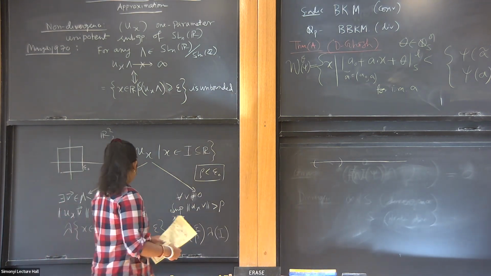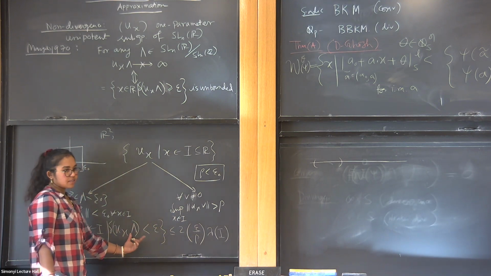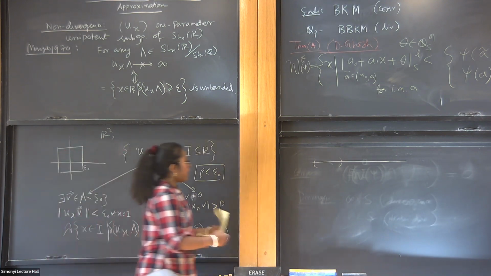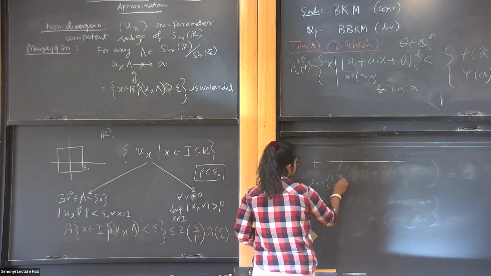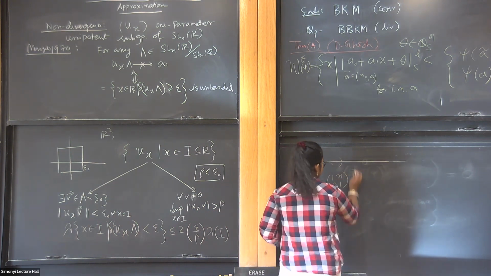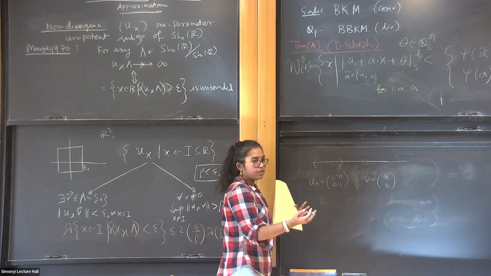Whenever this happens, there exists a v such that u_x v is less than ε. Now what is u_x? u_x is just the matrix (1 x; 0 1), and you're multiplying by v. We're really looking at an interval.